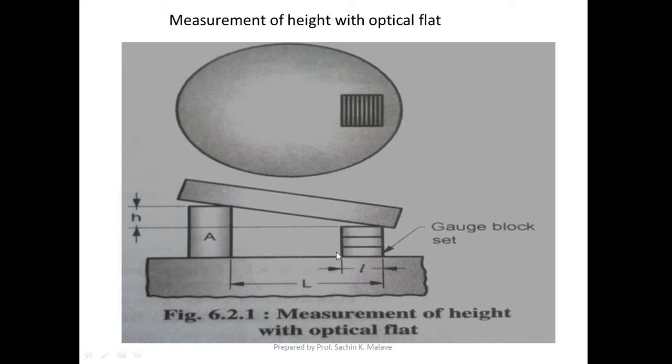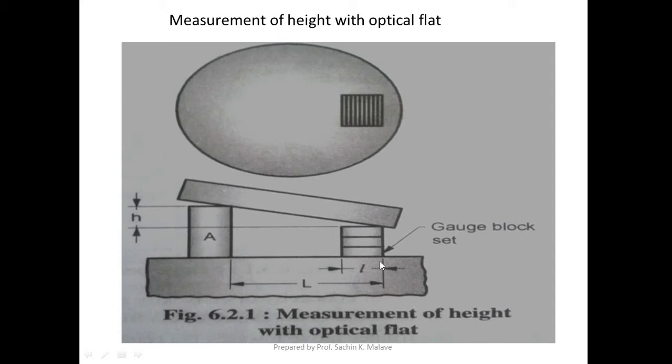As we can see, the bottom sides of both the component and the gauge block are perfectly parallel and flat, and they are rung on this base plate. So by ringing, these two components are fixed on this base plate.